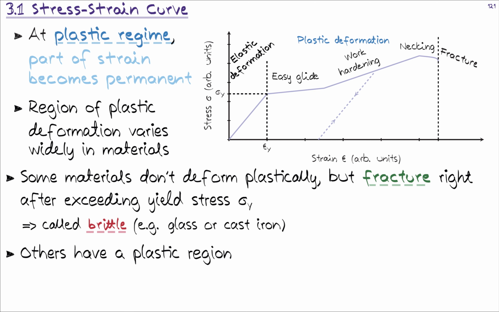Others may have a plastic region, and when they do, these materials are called ductile. For example, most metals are ductile. Aluminum foil is a prime example of a ductile solid, so you can test how a ductile material behaves and see it yourself.